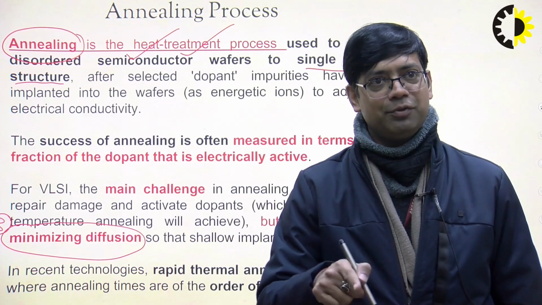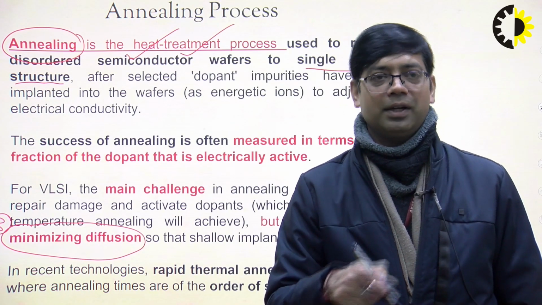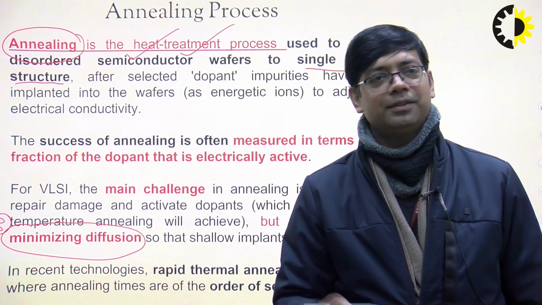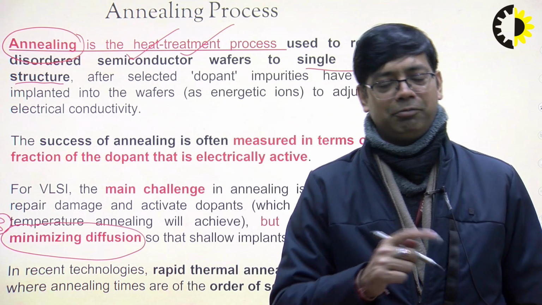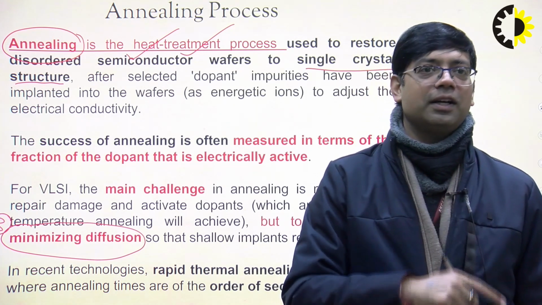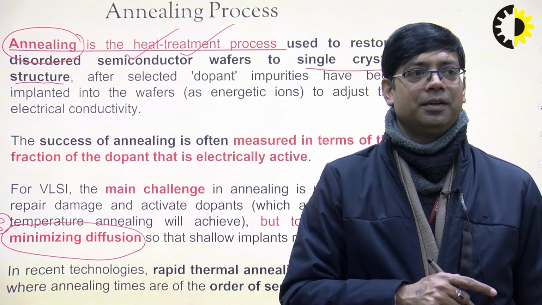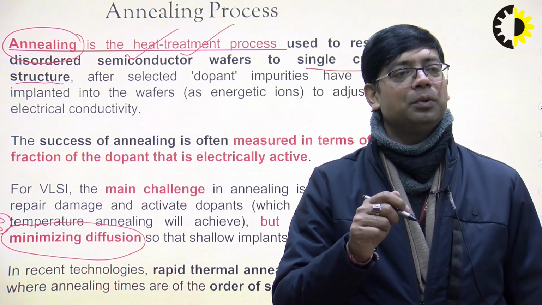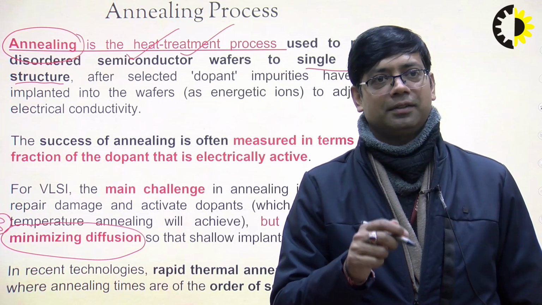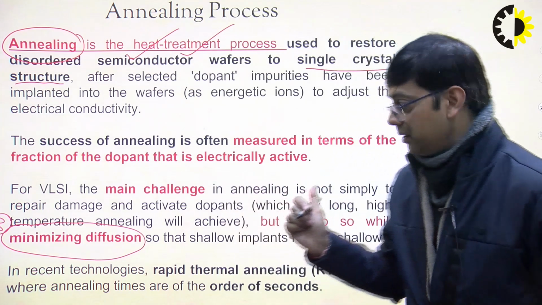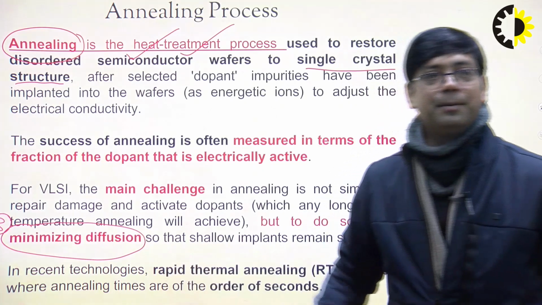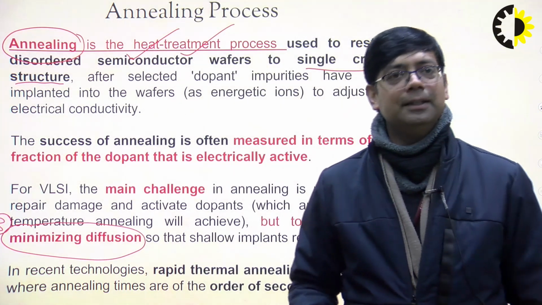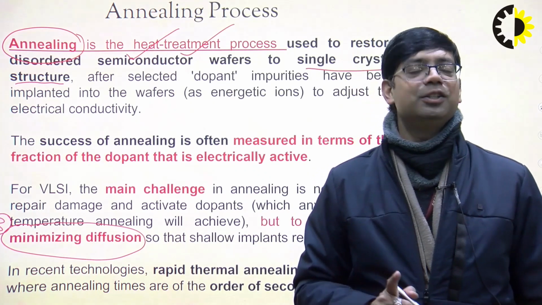We do not want this diffusion to happen, but because it is a high temperature process, diffusion happens. And if we do annealing to restore the crystal structure, we have to take into consideration the effect of diffusion. Our objective should be to minimize the diffusion when annealing is going on.